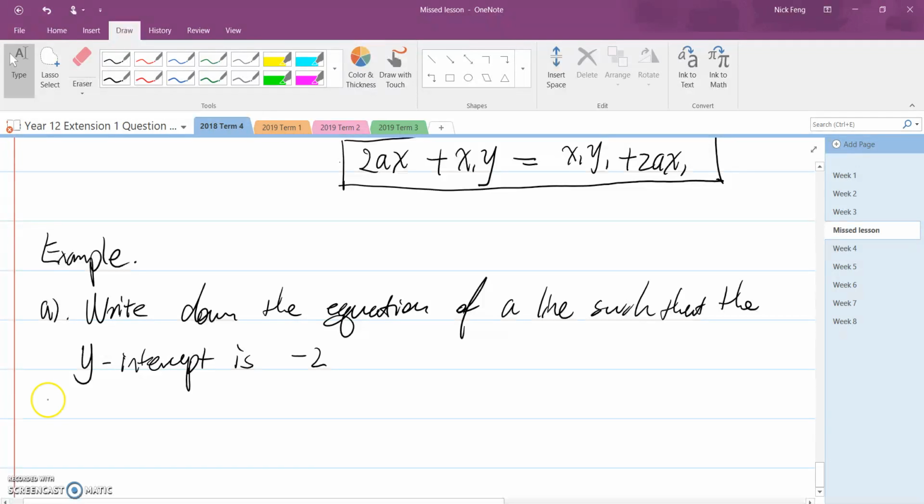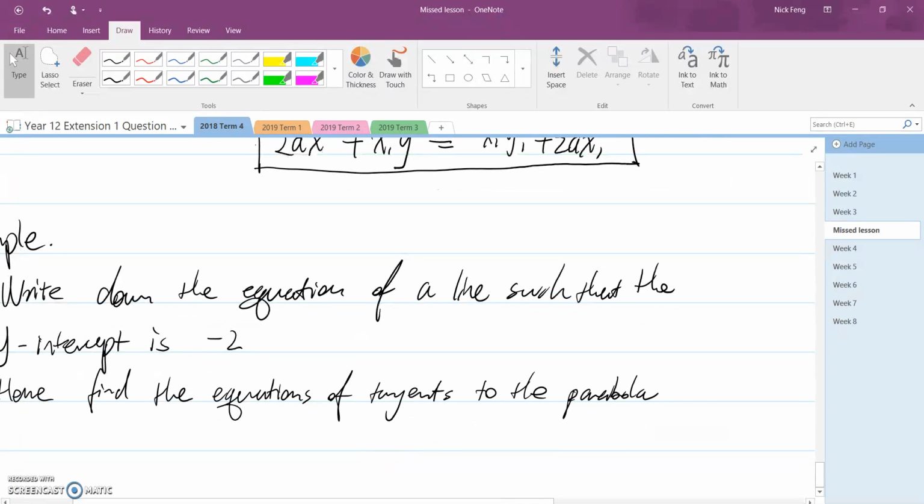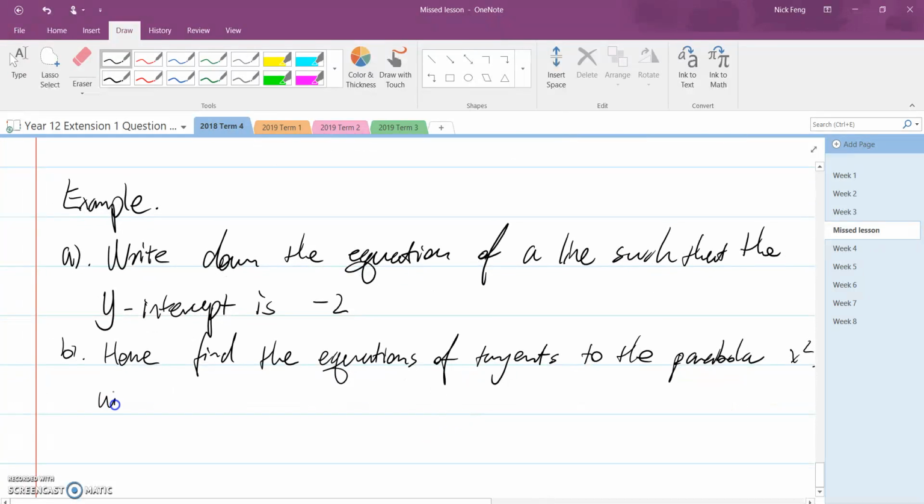Part B, hence find the equations of tangents to the parabola x squared equals 2y with y-intercept -2.